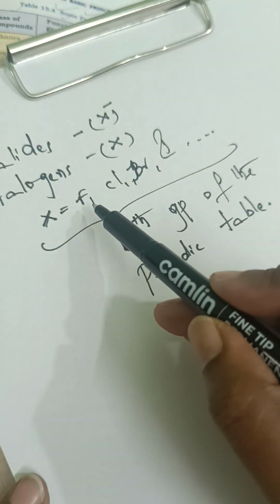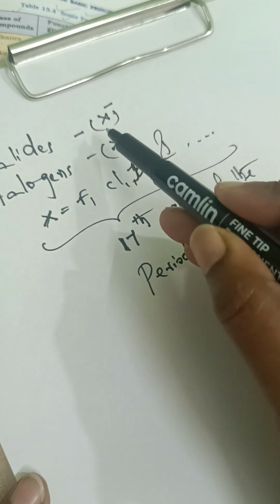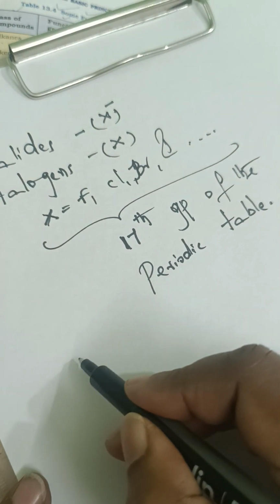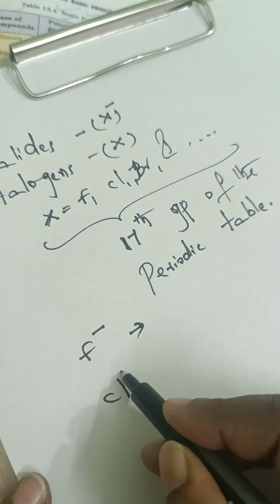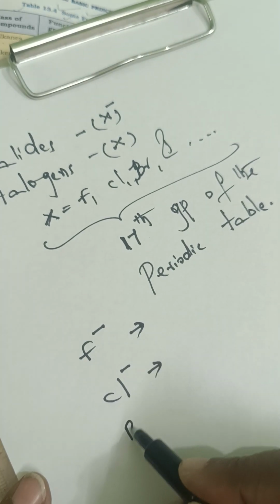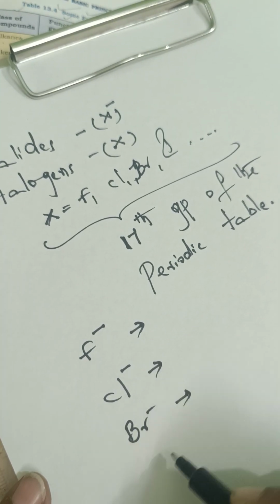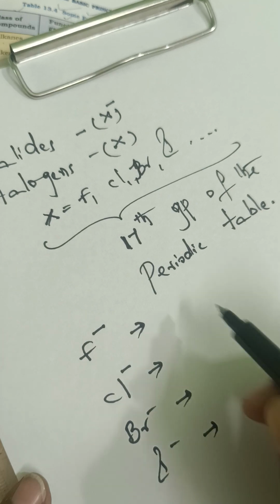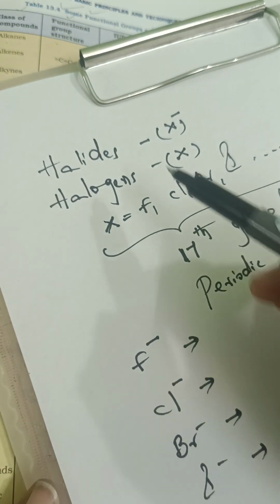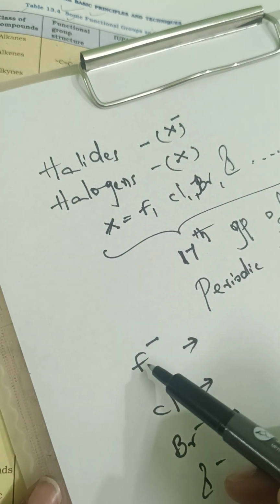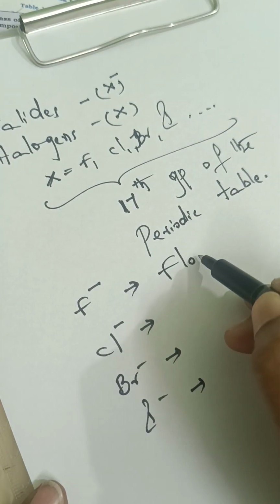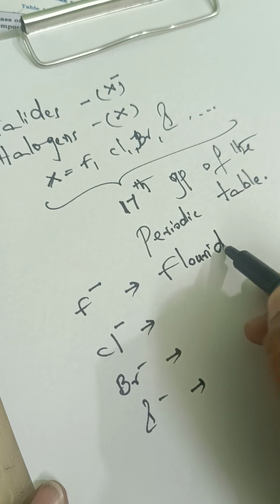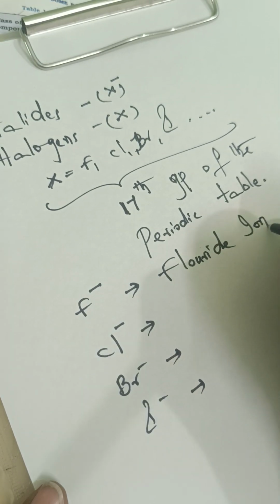If we take these halogens in the form of X minus, we will get F minus, Cl minus, Br minus, I minus. So what is the name for this? It is halides. This is fluorine, so we name this fluoride ion.